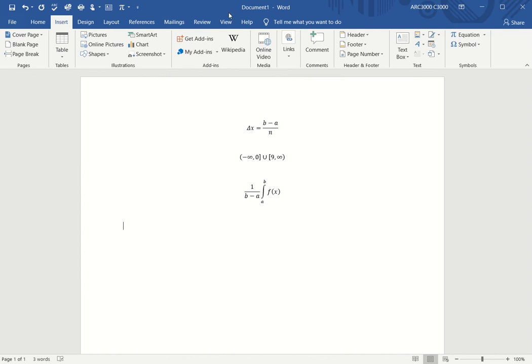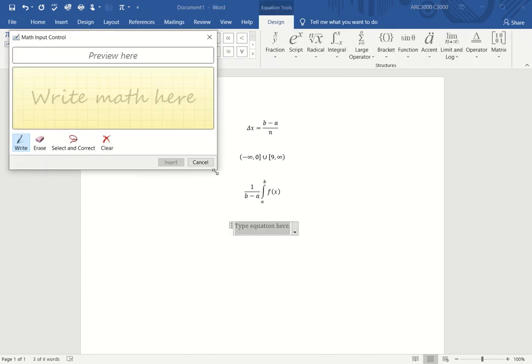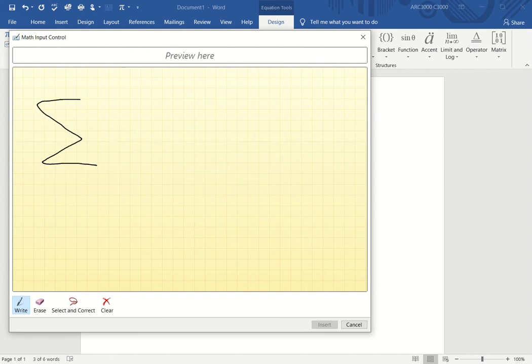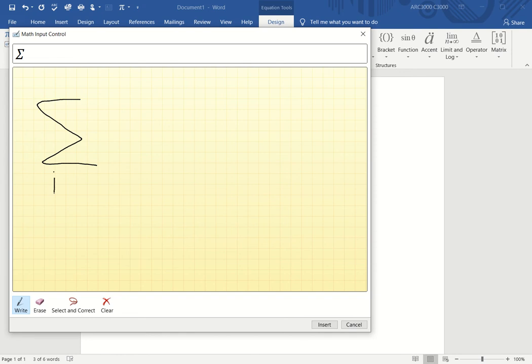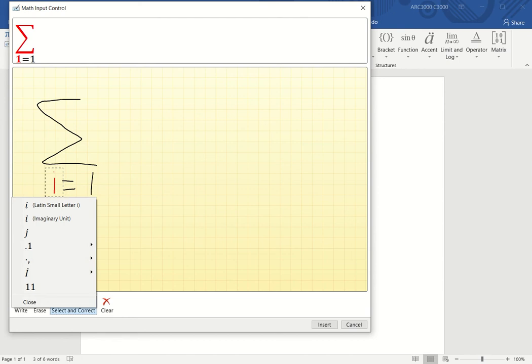Next, I will be showing that you can also do a Riemann sum. So, how to do that? i equals 1. Select and Correct. I want my i to be an i, not a 1.